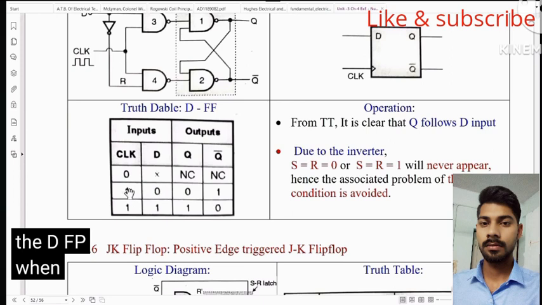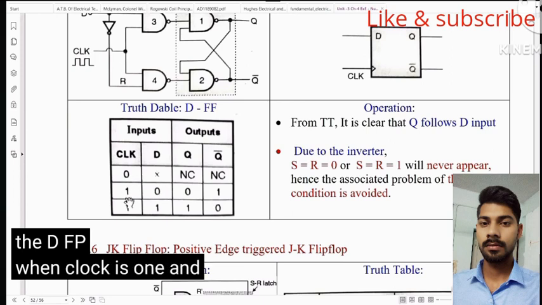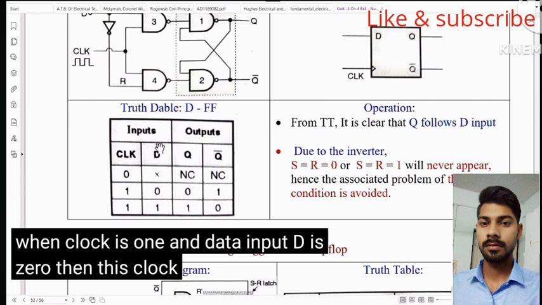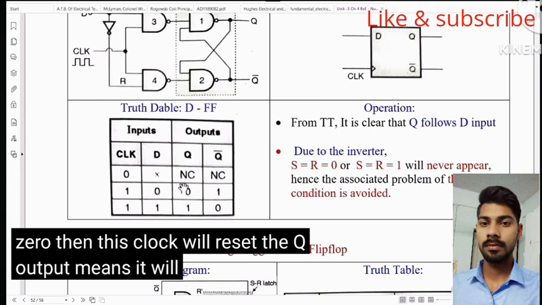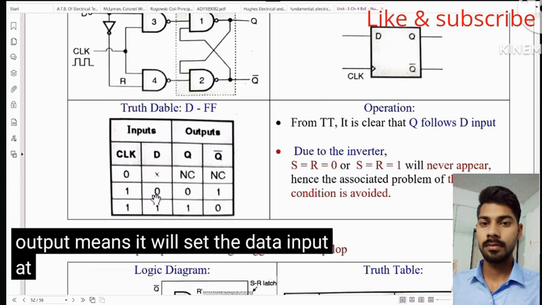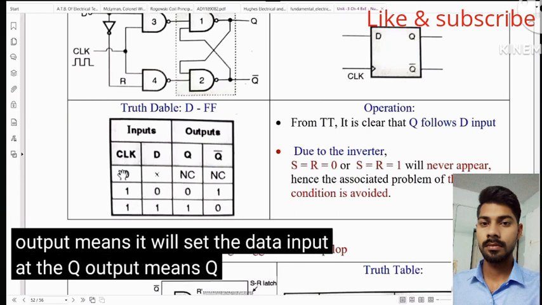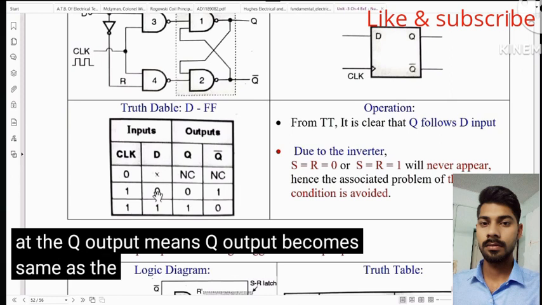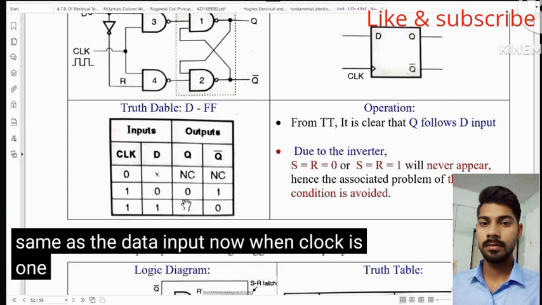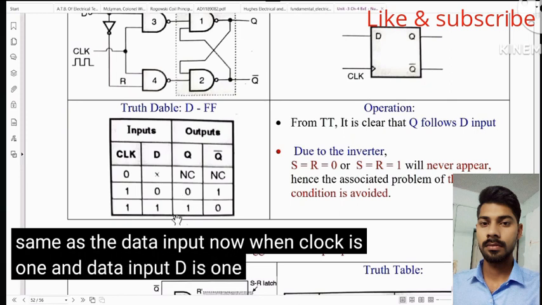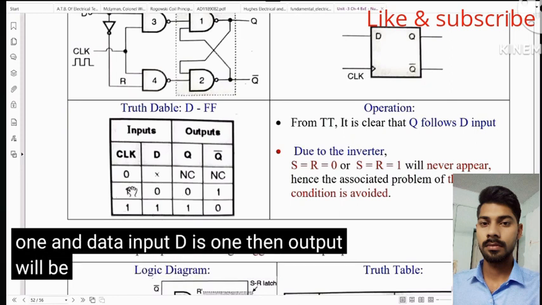When clock is 1 and data input D is 0, then this clock will reset the Q output, means Q output becomes same as the data input. Now, when clock is 1 and data input D is 1, then output will be set.